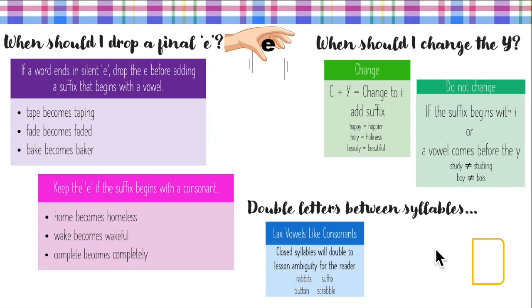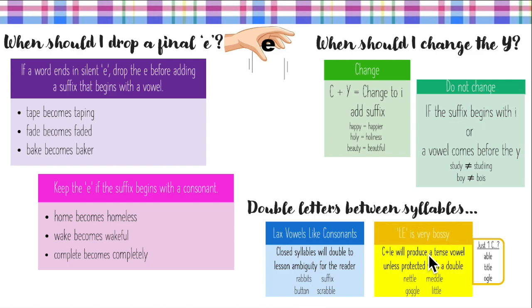So, when do we double? Well, if we want to have laxed vowels, then like closed syllables, we want to double it so that we have less ambiguity for the reader, such as Scrabble and rabbits. We want to make sure we have our closed syllables separated there. And if there's a consonant LE, it will produce a tense vowel unless it's protected by a double consonant.